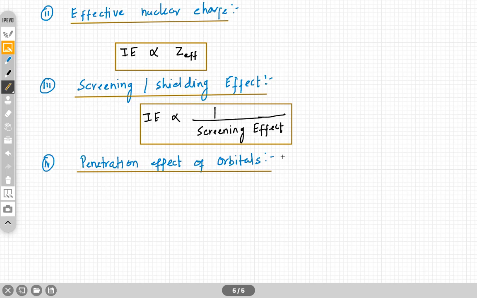Now, the ionization enthalpy or energy increases as the penetration effect increases.